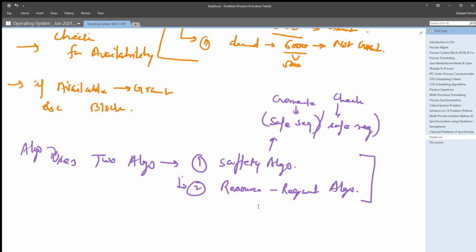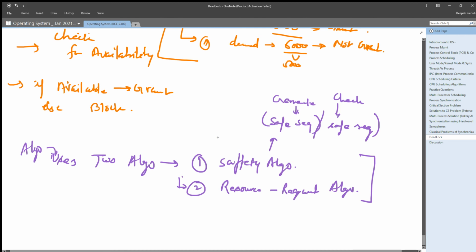What this algorithm will do is first assume that we allocate those many resources to the requesting process. After allocation, it will check again for a safe sequence. If after allocation the state of the system is safe, or we are getting a safe sequence after allocation, then only can we grant that request.